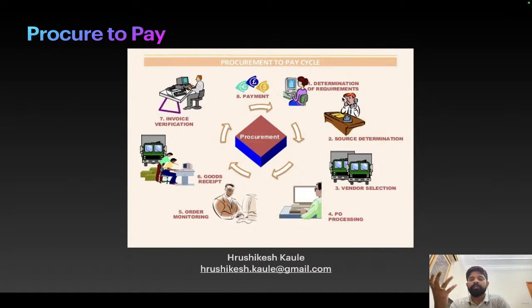Suppose in the production department, consumables like hand gloves, cotton, oil, grease. In the maintenance department, some motor, some spare parts. In the warehouse, it will be raw material, packing material, all of these things.